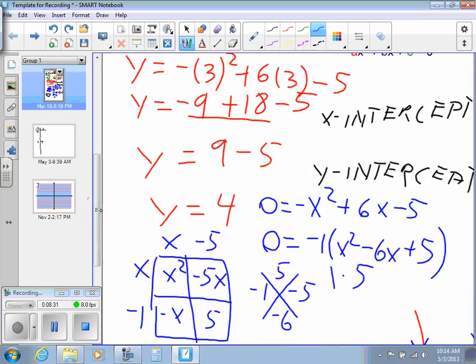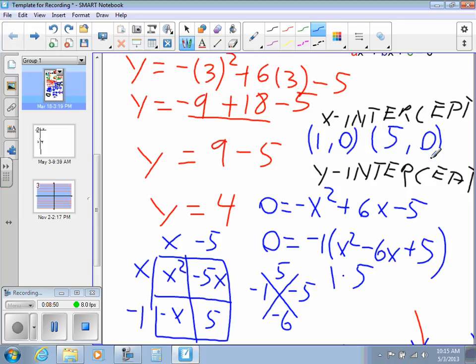So for my x-intercept, I have 1, 0, I have 5, 0. Because of course we plugged in 0 for y to find that.